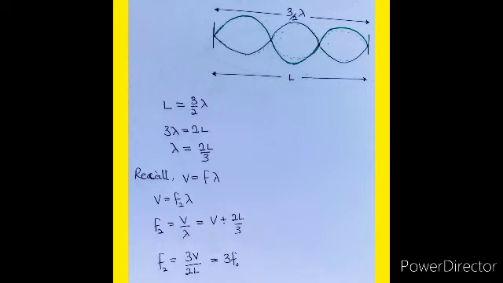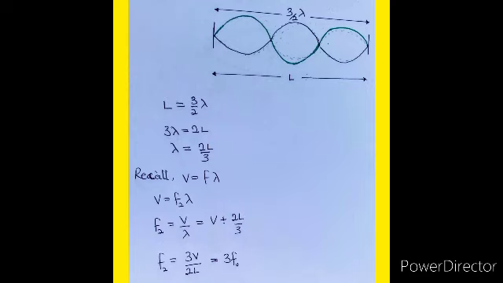So our length L is equal to 3 over 2 lambda. If we want to make lambda the subject of the formula, we can say 3 lambda equals 2L. So our lambda equals 2L over 3.